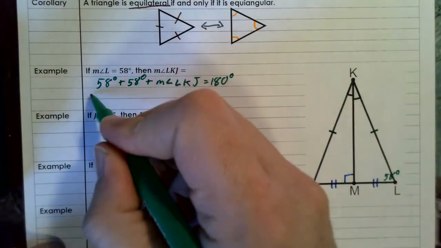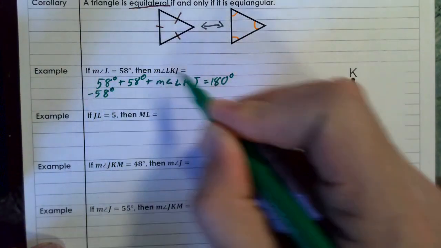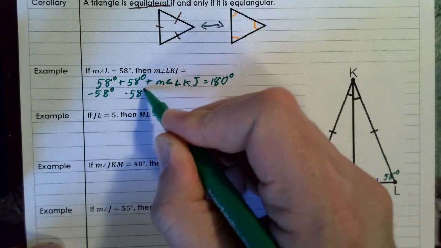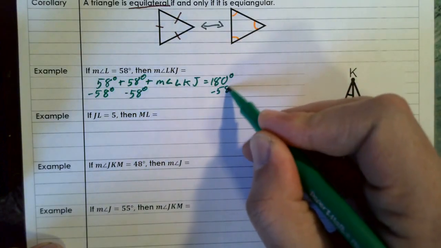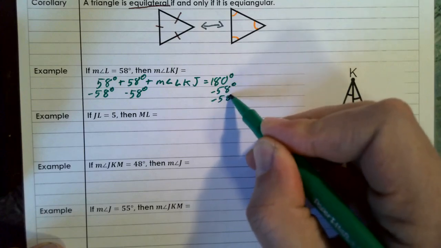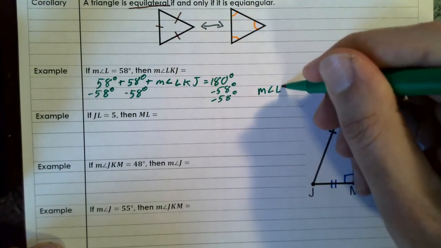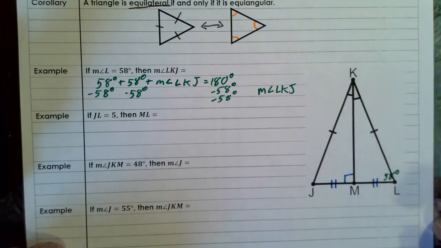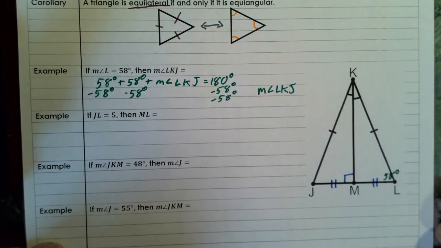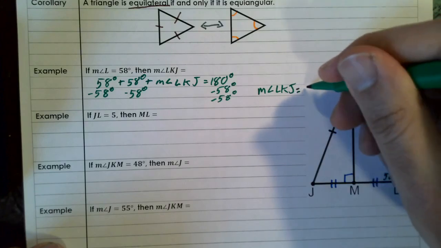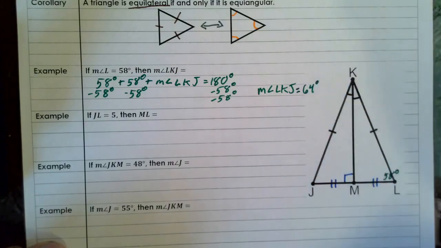So if we subtract both of these from our 180, we get the measure of angle LKJ as a number. We get the measure of that ending up being 64 degrees.